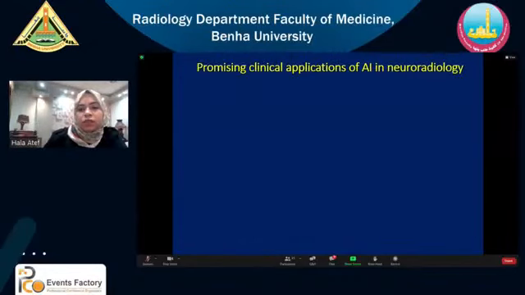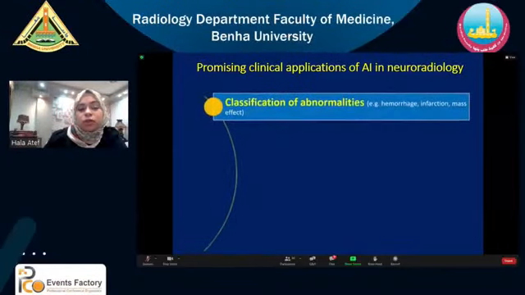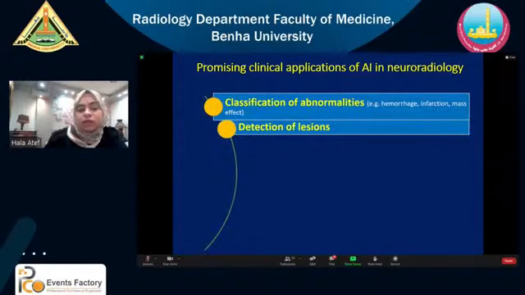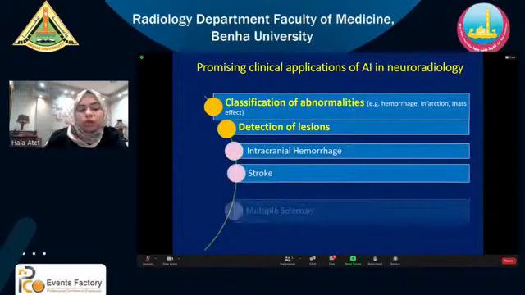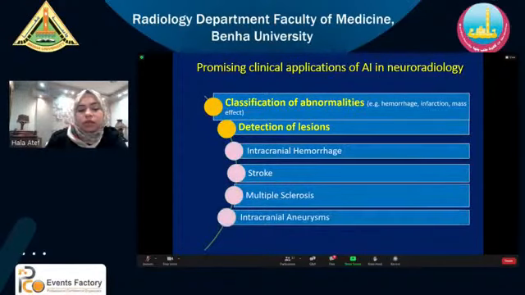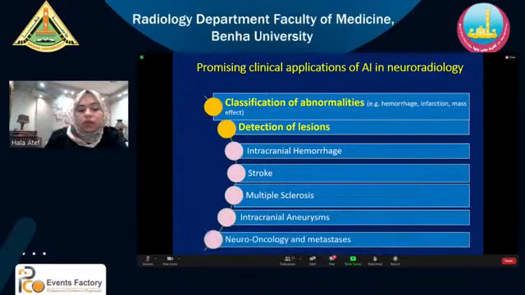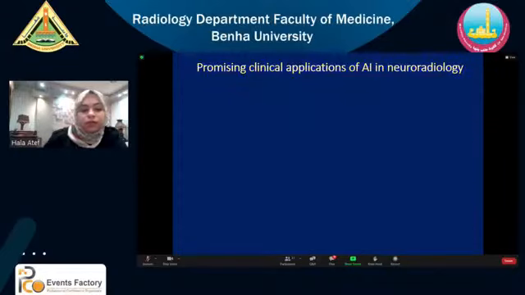Promising clinical applications of AI in neuroradiology include classification of abnormalities and detection of lesions, such as intracranial hemorrhage, stroke, multiple sclerosis, and intracranial aneurysms, neuro-oncology, and metastasis.